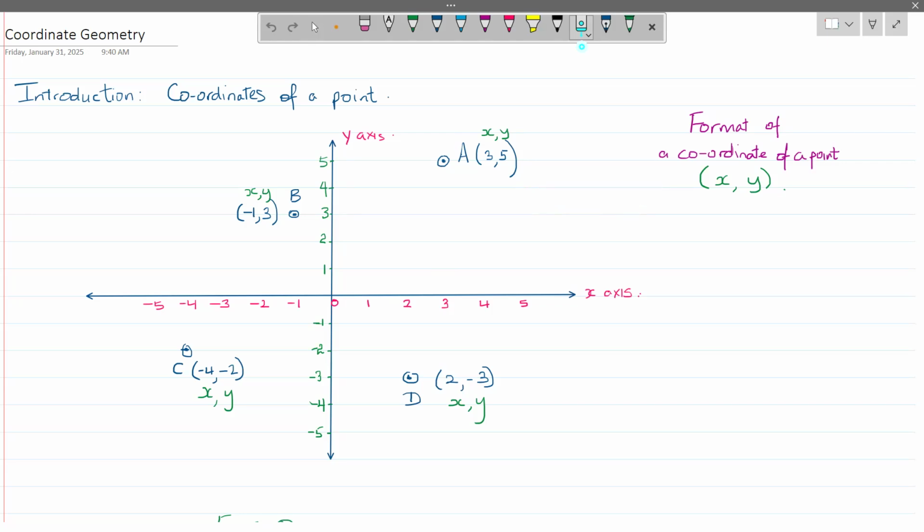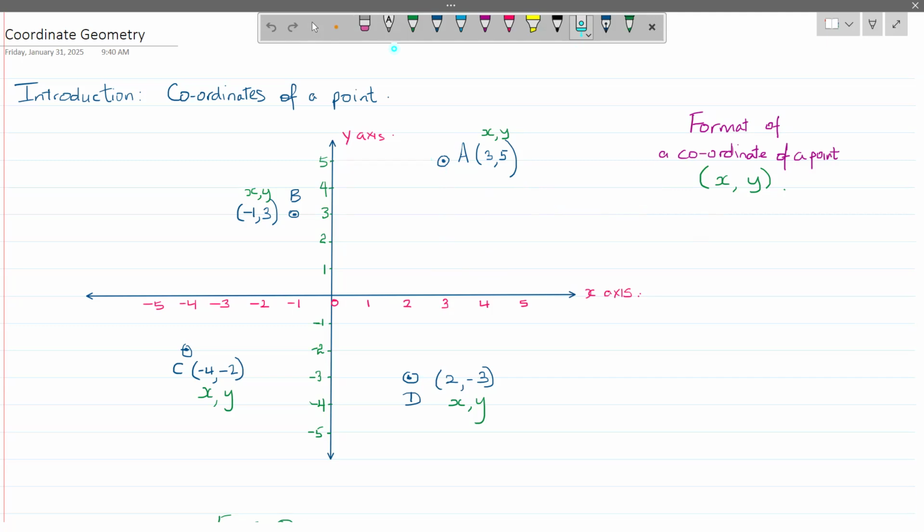So we identify the position of a point by referencing a pair of coordinates, because we're going to have an x value and a y value. The x value is telling you what it aligns with on this horizontal axis, and the y value is telling you what it aligns with on this vertical axis.